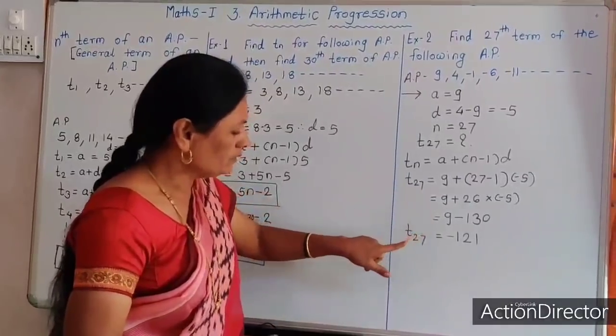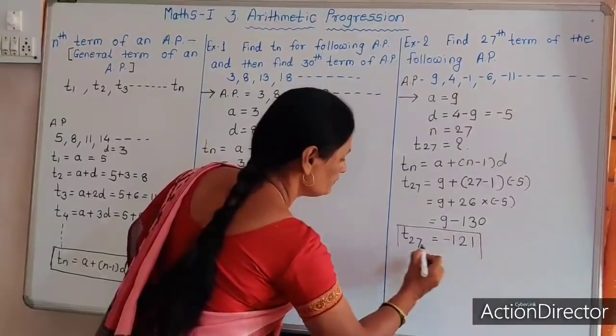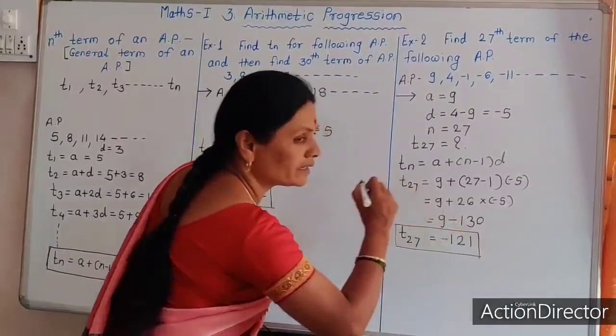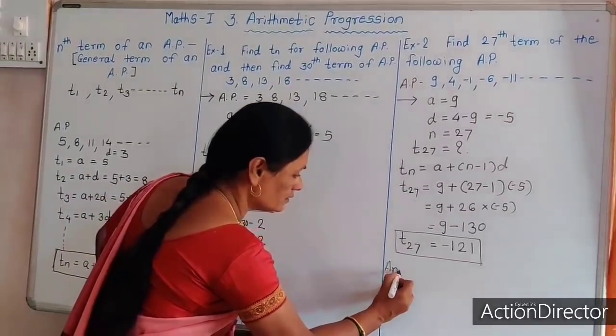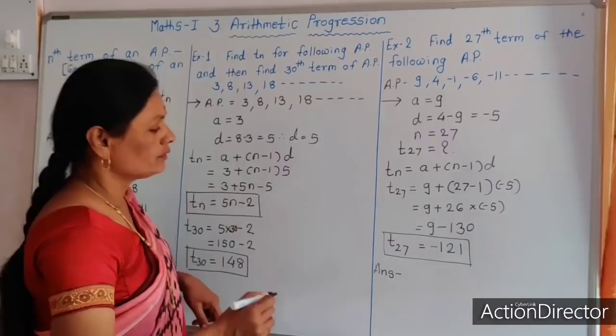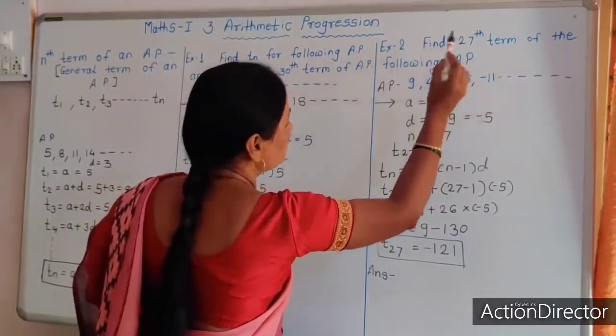After calculating, we get T27 is equal to minus 121. We write the answer here. What is the question? Find the 27th term.